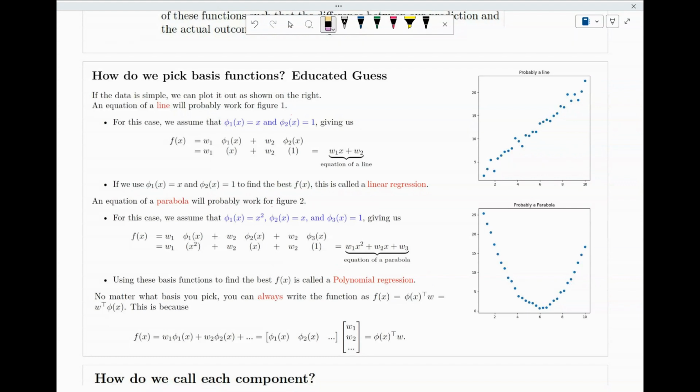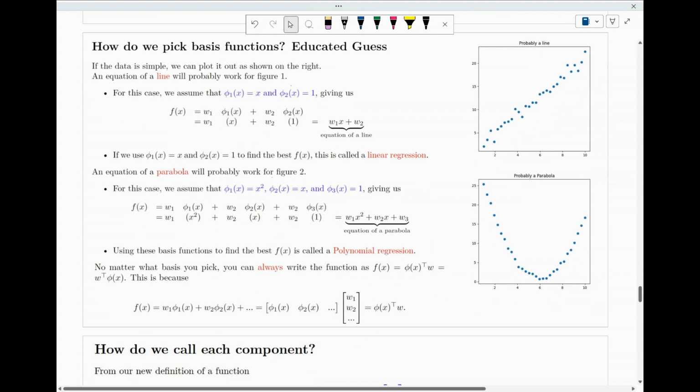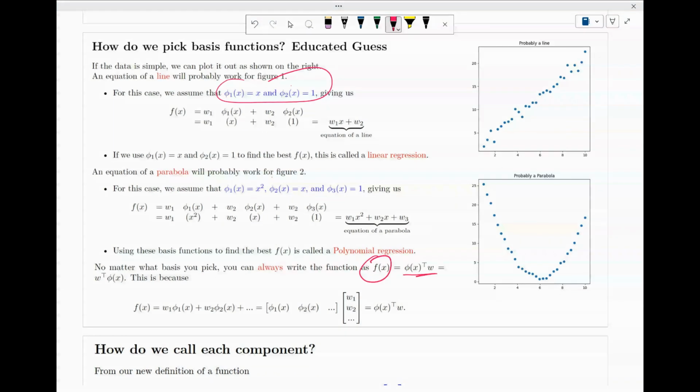But notice something interesting. No matter how you pick the basis functions, you can always write the function this way. That's because this is a function, and over here is the combination of bases. You can separate out the bases as a vector, and then you can separate out the weights so that once you multiply the weights down, you get this back.